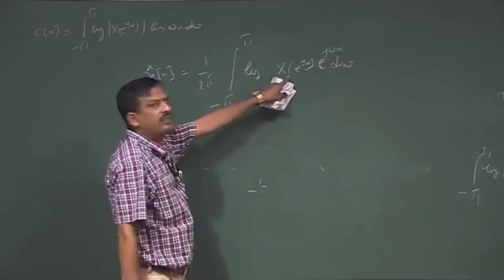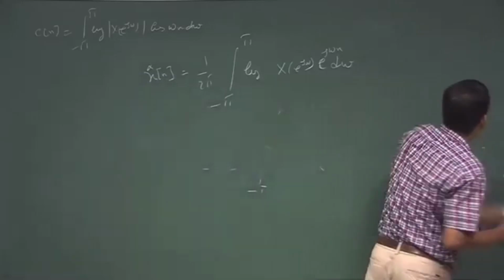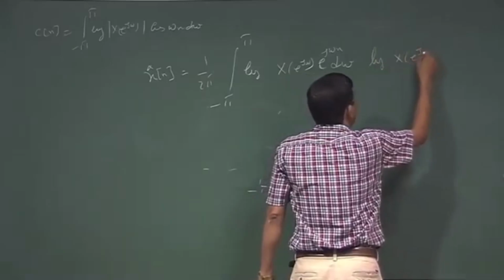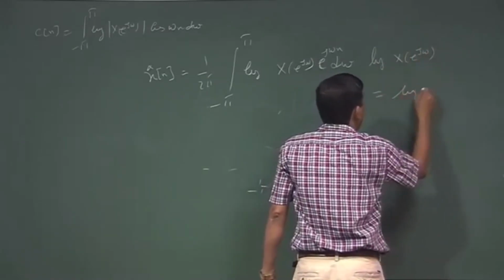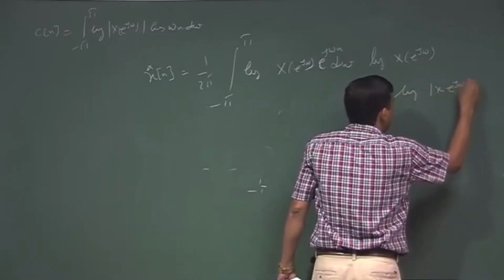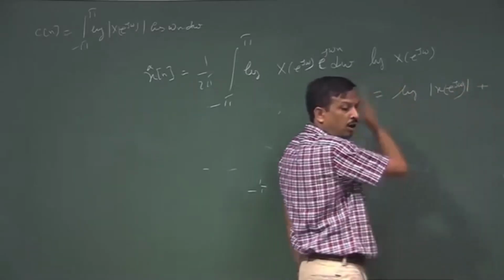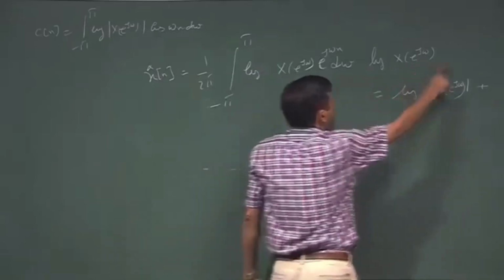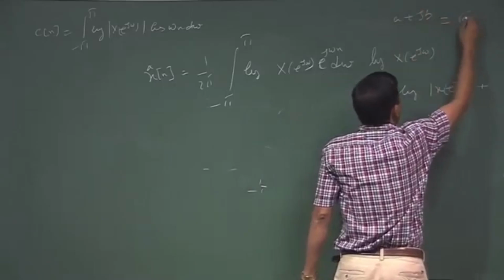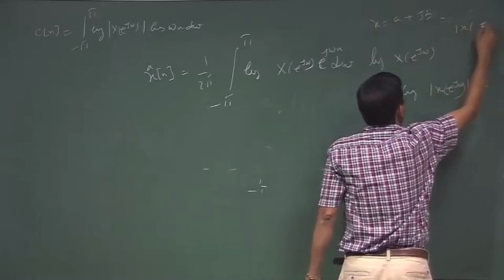Now, what is this? This is a complex function. So, I can say log of x e to the power j omega is nothing but log of mod of x e to the power j omega, plus j arg. If a plus jb is expressed as root over a square plus b square, suppose this is x, it is nothing but mod of x into e to the power j theta.